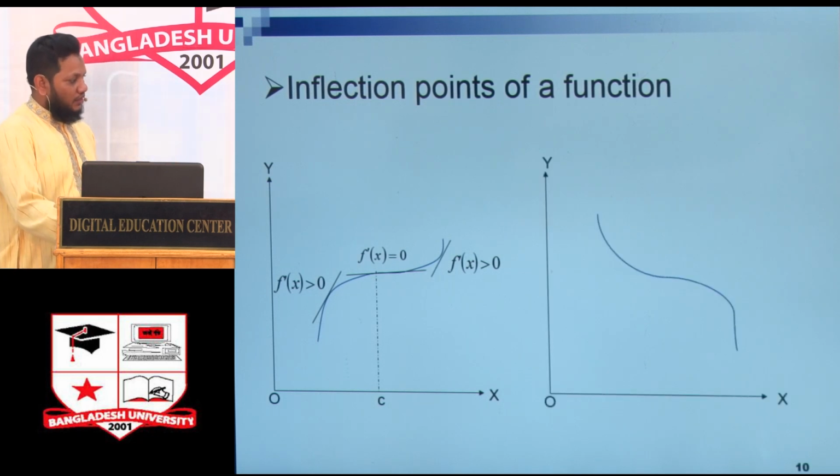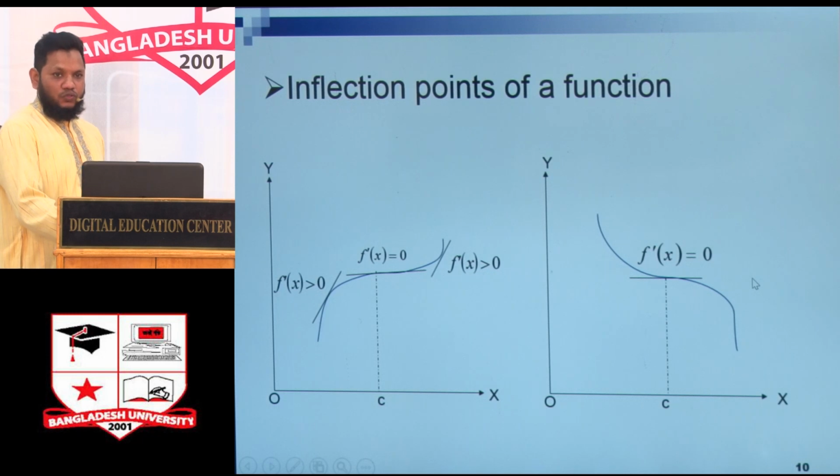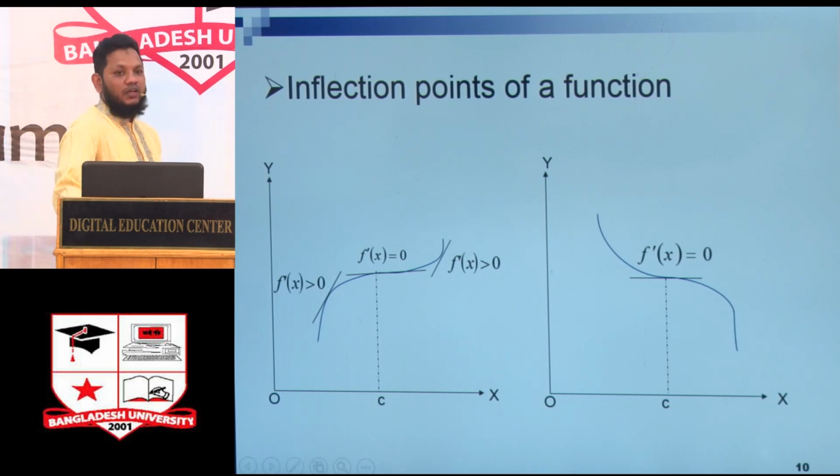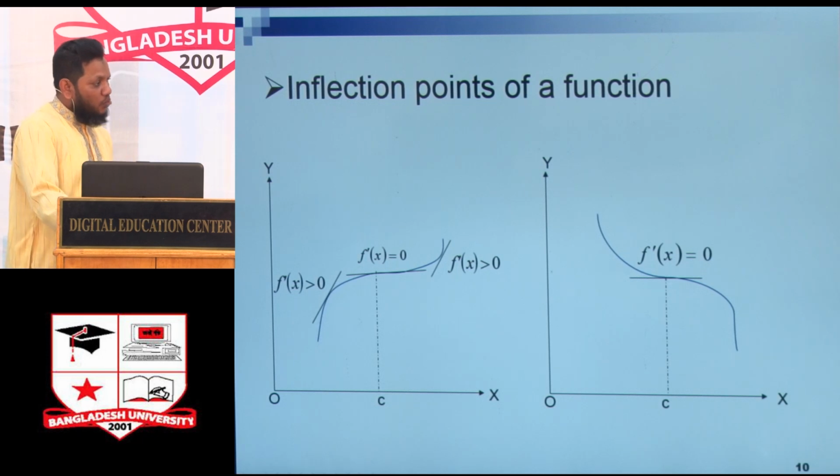We can consider another graph here. And we draw a tangent here. And you see at the point c, f prime x equal to 0. So we can say this function attains f prime x equal to 0, so this is a stationary point or critical point. And now we can check the left side.